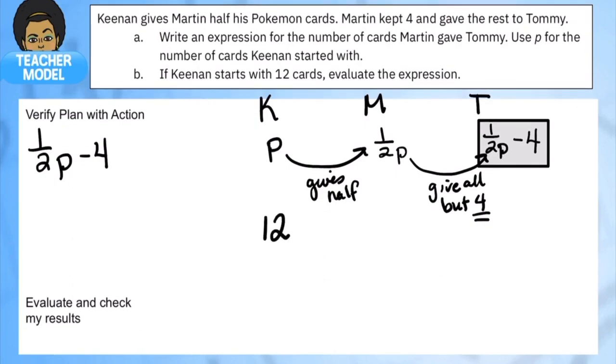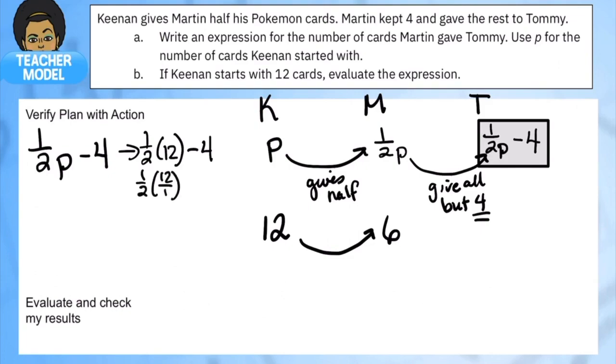Now, what if Keenan starts with 12? So if P is equal to 12, and I'm going to do this on both sides. 1/2, I'm going to substitute P for 12, -4. So we know he gives half to Martin, so half of 12 is 6. That is the same as multiplying 1/2 times 12, so I will get 12 over 2, or 6. And we know he gives all but 4.